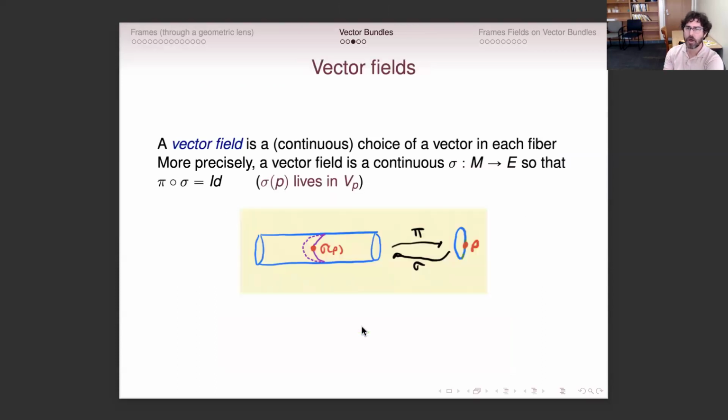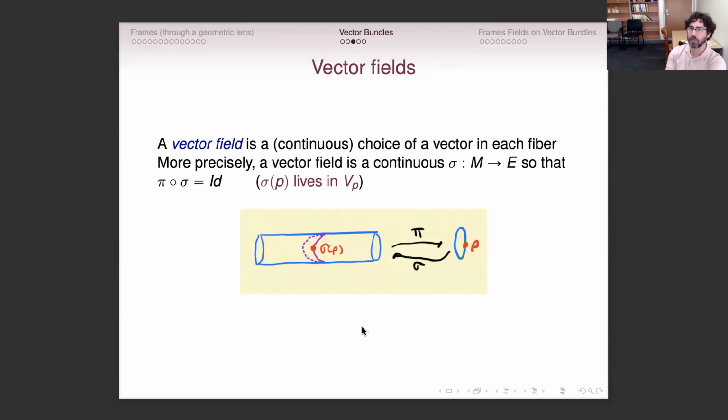Okay, so one object that you get when you start talking about vector bundles are so-called vector fields. Loosely speaking, a vector field is a continuous choice of a vector in each fiber.